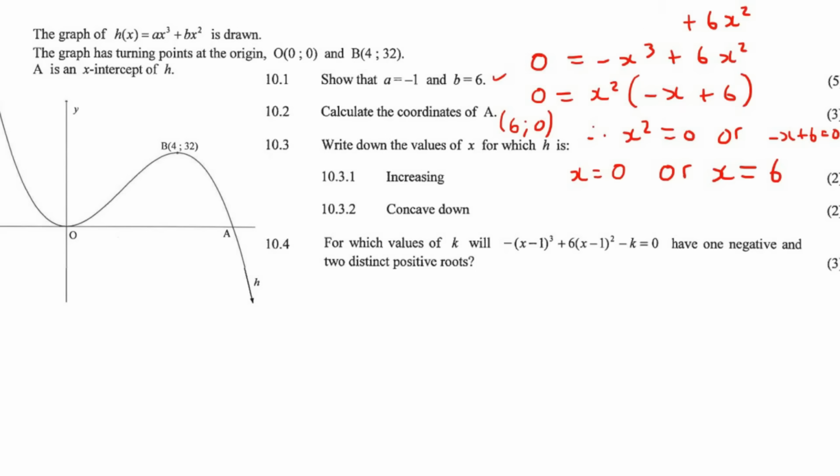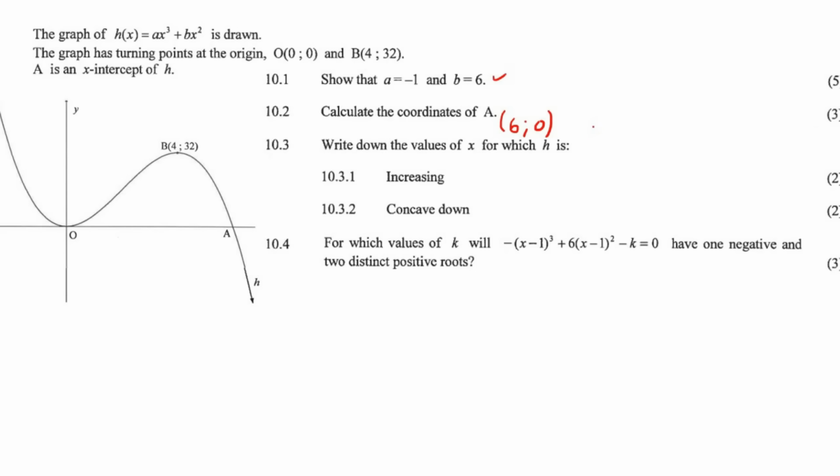Here it says, write down the values of x for which the graph is increasing. Okay, so we know that increasing would be here. That's where the graph is increasing. Yes, you could use the equation as well to help you do that. We know that an increasing graph is where the gradient is positive, so you could say something like that.